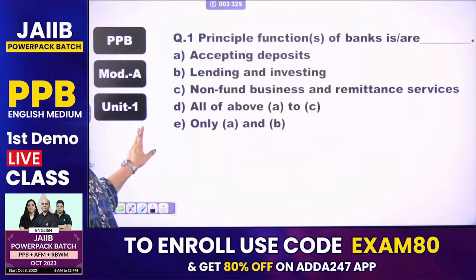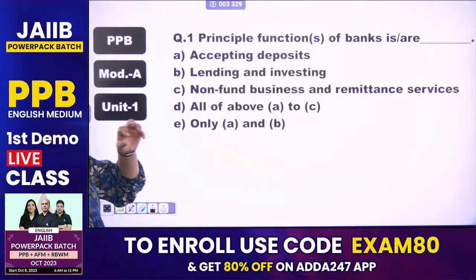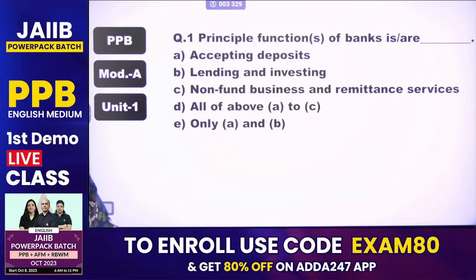So the first question in front of you: the principal function of a bank is dash. What is the principal function of a bank? Let me know which of the following is right.